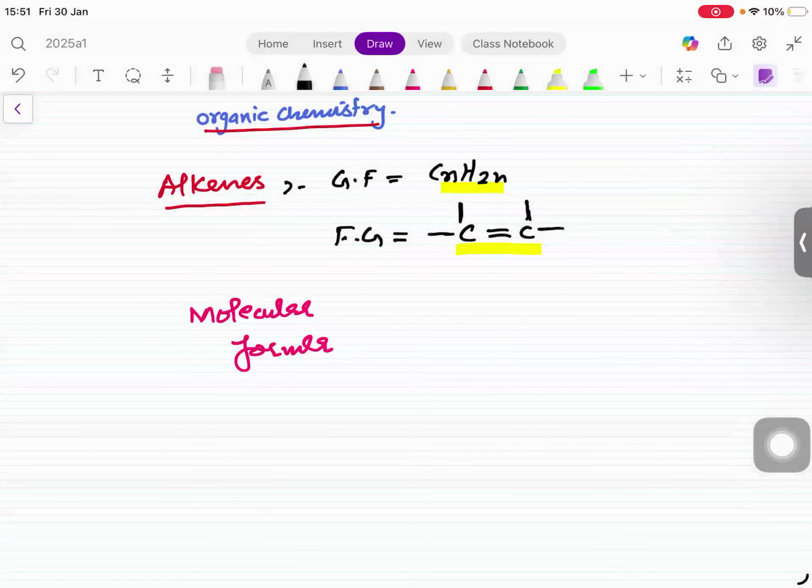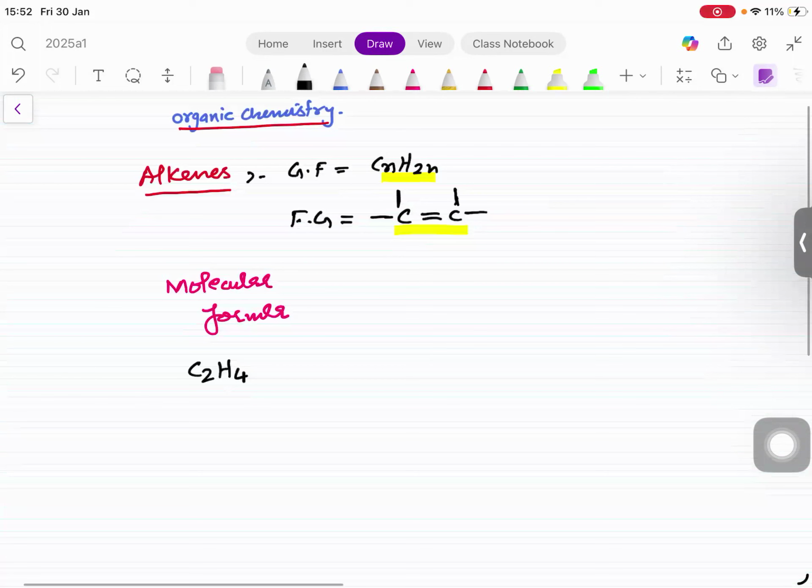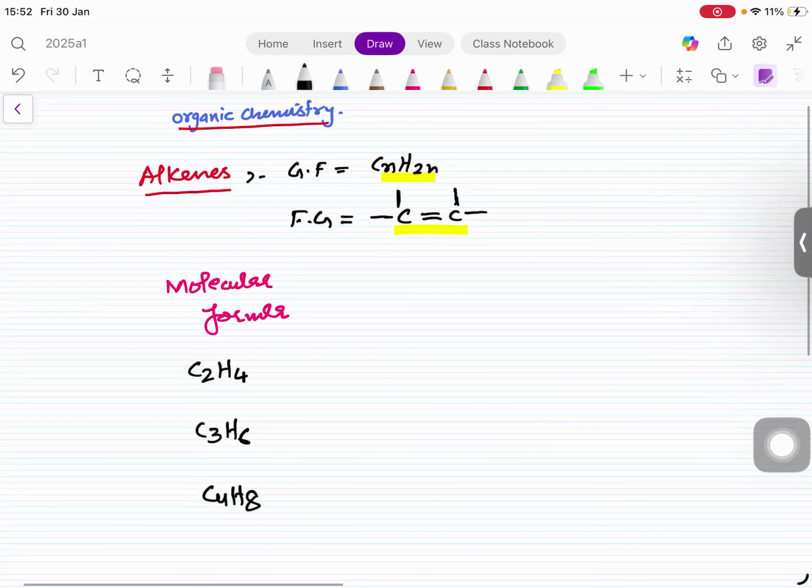But in this case, the first member cannot be C1 because their functional group is carbon-carbon double bond. So they must have at least two carbon. So first is C2 and H kya ho jayega? 4, then C3H6, then C4H8, C5H10, and so on.